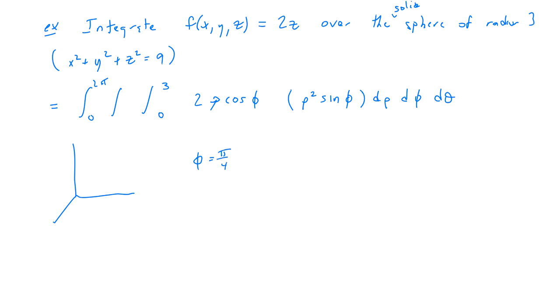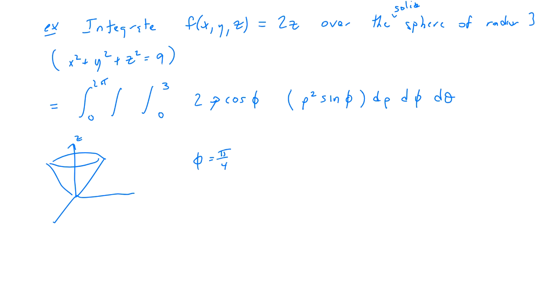So here's measuring down from the top. Here's phi equals pi over 4. But if I have that and then have nothing else, notice I'm getting the whole thing, and I'm rotating it all the way around. So I'm getting that whole thing.